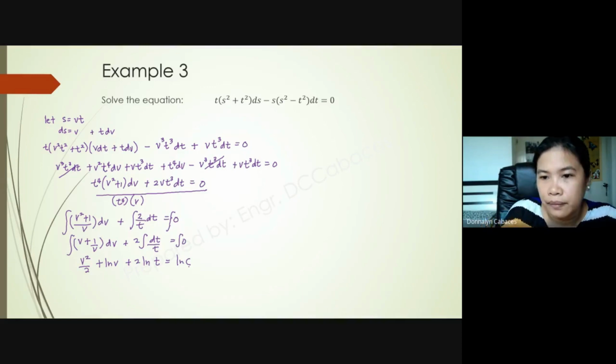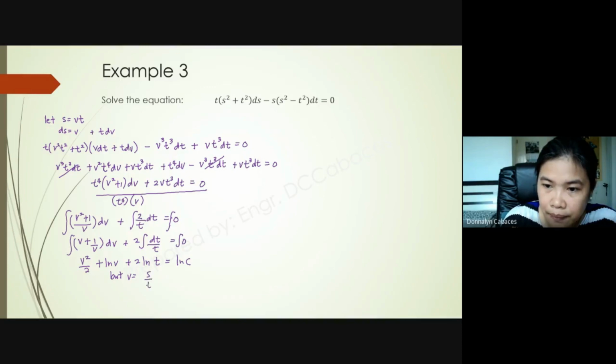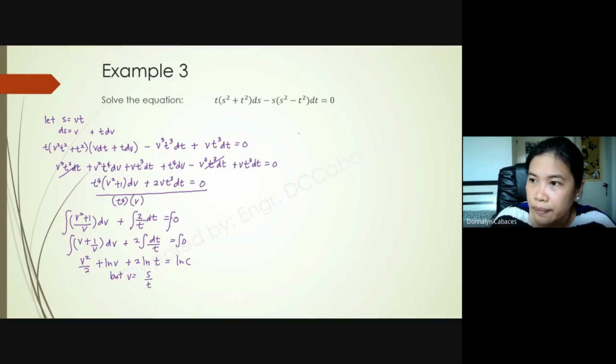And then we may now substitute our v. What is v? But v is equal to s over t. So we now have s squared over 2t squared plus ln of s over t plus 2 ln of t is equal to ln of c.